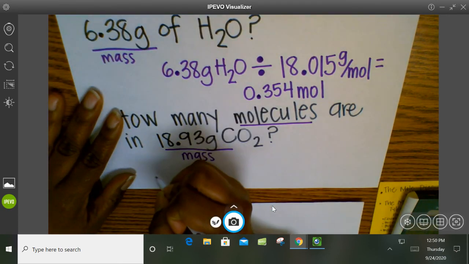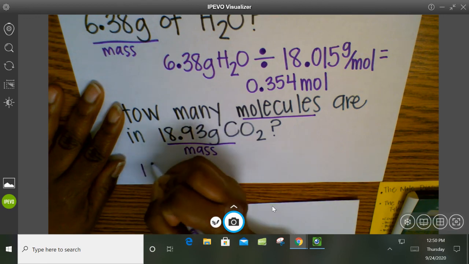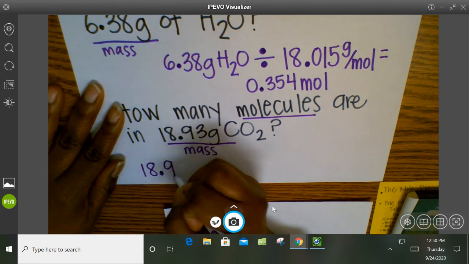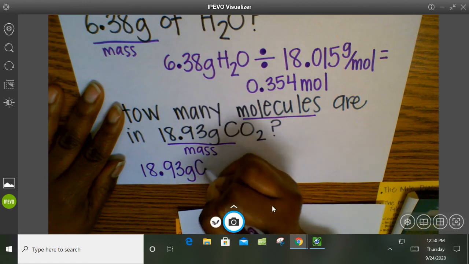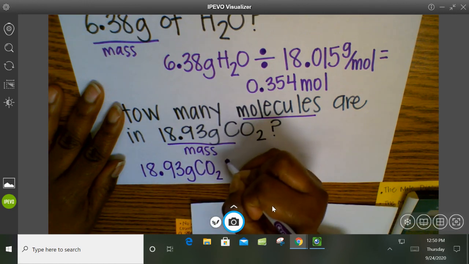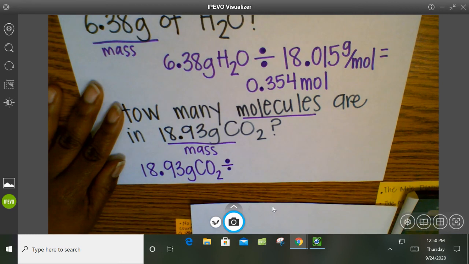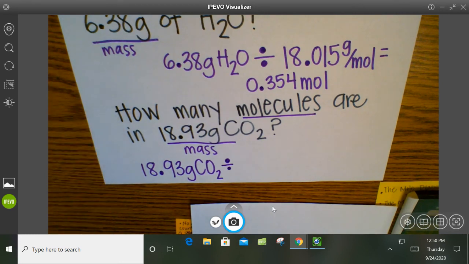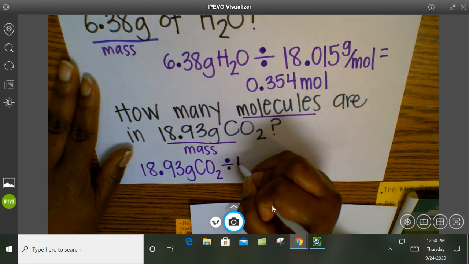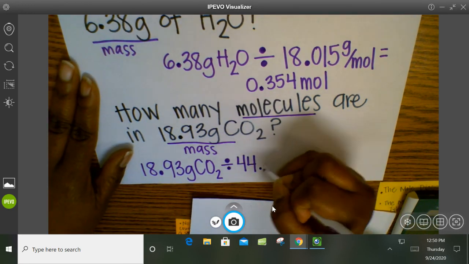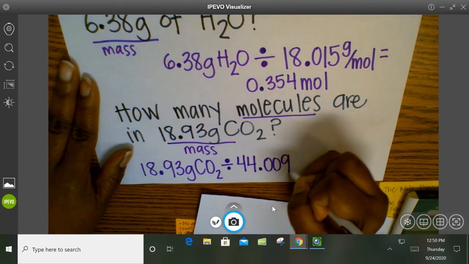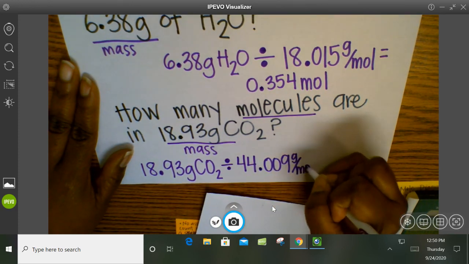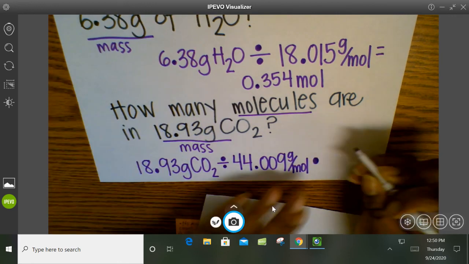So 18.93 grams of carbon dioxide. Divide that by the molar mass of carbon dioxide, so that would be the mass of one carbon plus two oxygens. And then I'm going to multiply this by Avogadro's number.